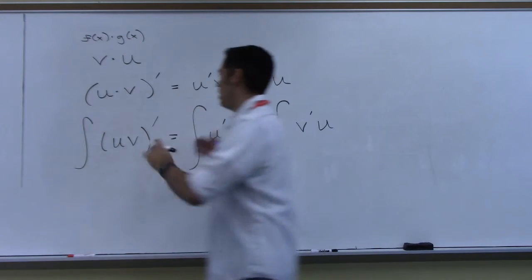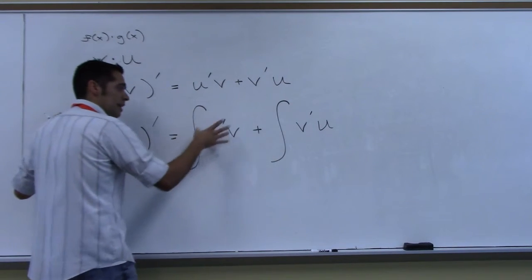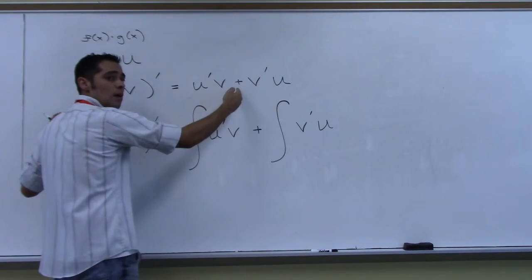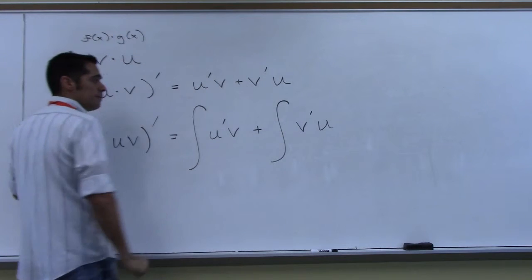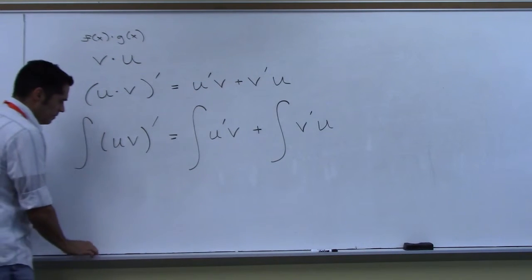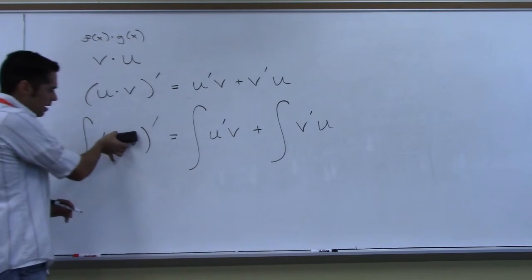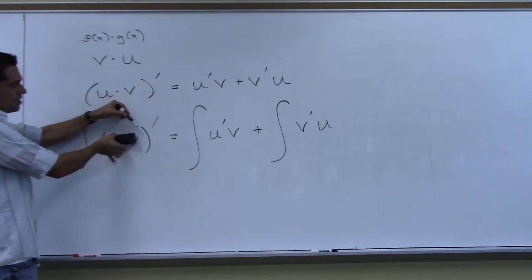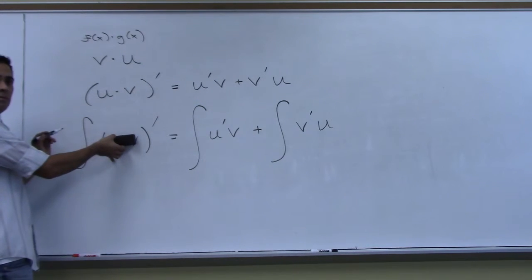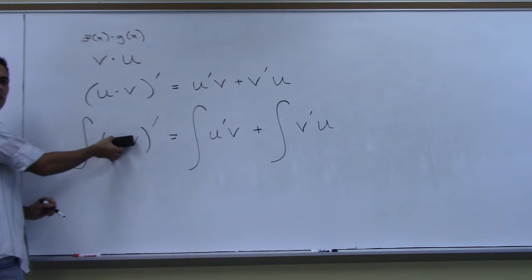So do you see what I've done is I've taken the product rule and I've taken the antiderivative of both sides. On the right side, I can do antiderivative of each one because it was a plus. I can do that, right? Understand? All right, so this right here is an eraser, right? If I say, hey, take the derivative of this eraser and then undo that, what am I going to be left with? The eraser, right?